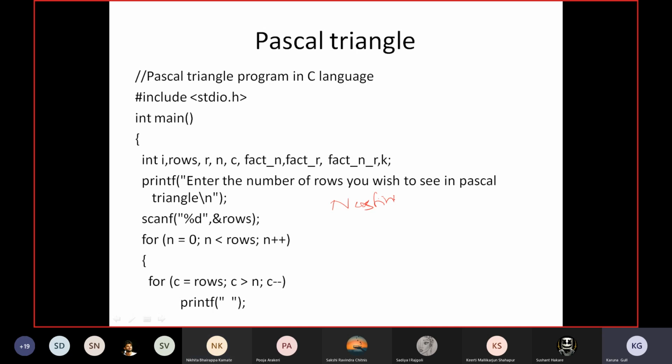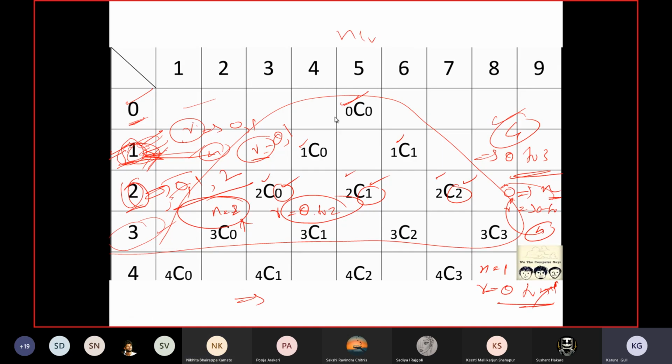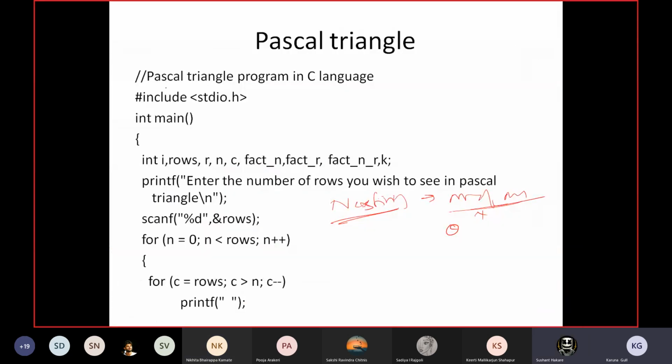The outer loop talks about the number of rows we have, but in this case I said the row number should begin from 0, which you are not supposed to forget. It executes from 0 up to whatever row count you have mentioned. This is the outer for loop.